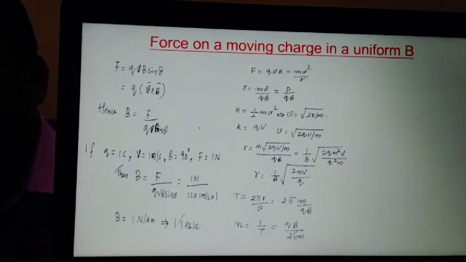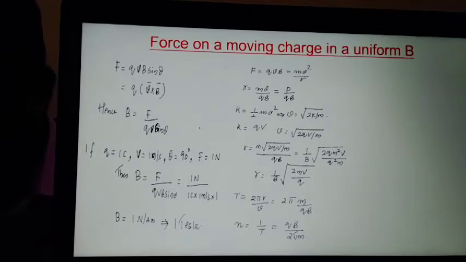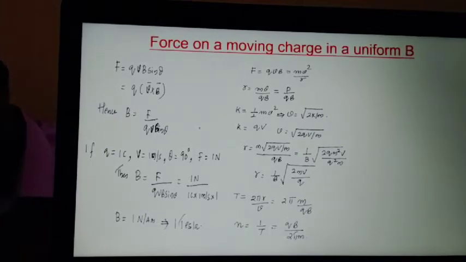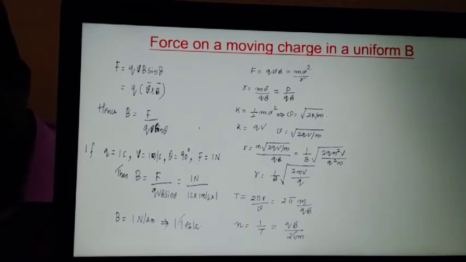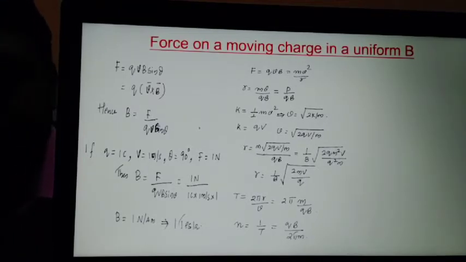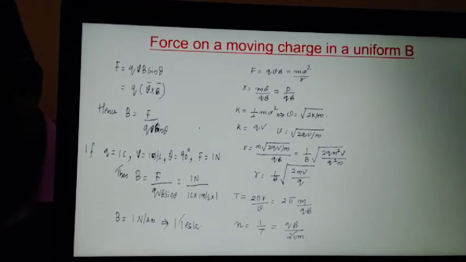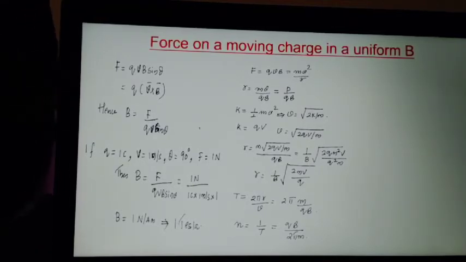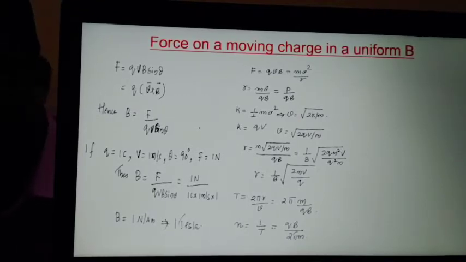When the particle approaches the velocity of light, the mass of the particle increases according to Einstein's equation, m is equal to m0 divided by square root of 1 minus v by c whole square. According to the special theory of relativity, as the velocity increases, mass also increases. So it cannot be used for accelerating particles up to the velocity of light.